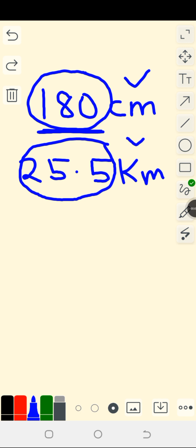In terms of what? Kilometer. And kilometer is also a unit of what? Of distance. Anything that has to do with measuring in terms of length. It can be horizontal, which is for the case of distance. It can be vertical, for the case of the height of the boy, which is centimeter.